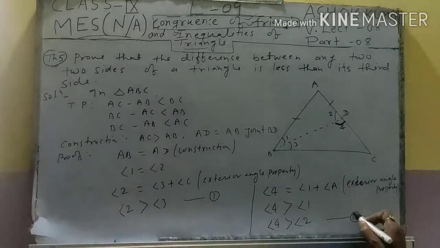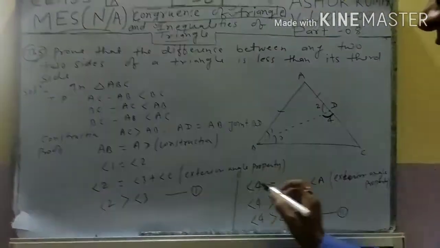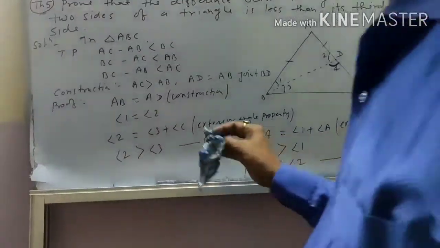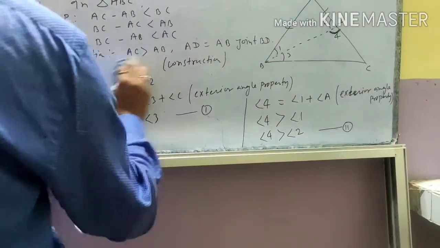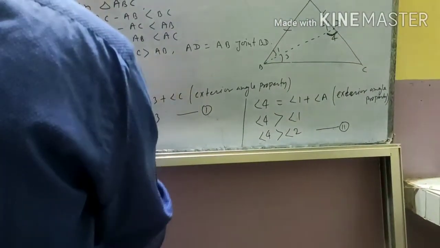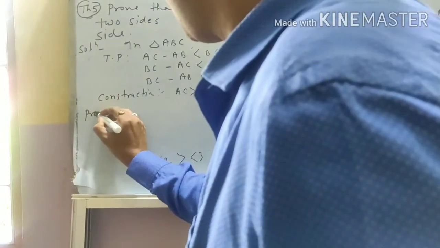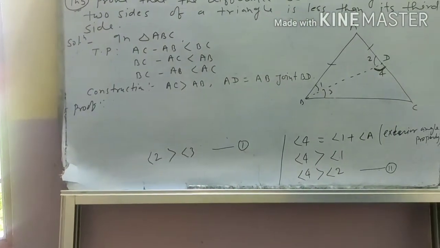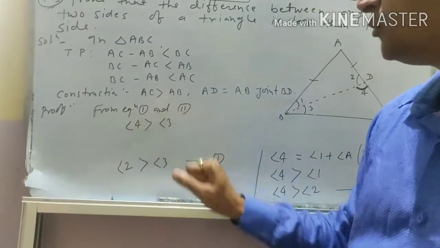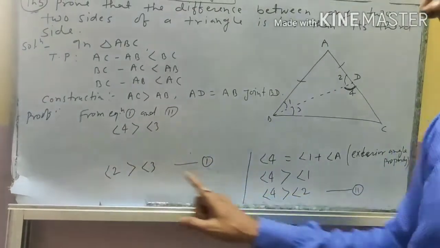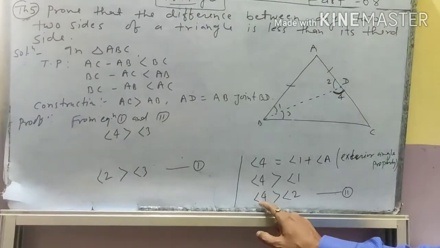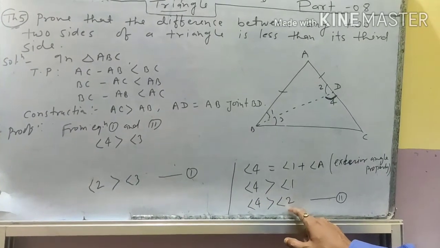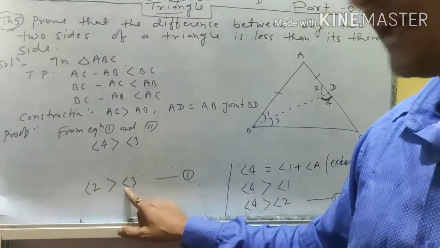So from equation 1 and 2, what do we write here? Look at the situation. First situation is angle 4 is greater than angle 2, and angle 2 is greater than angle 3.